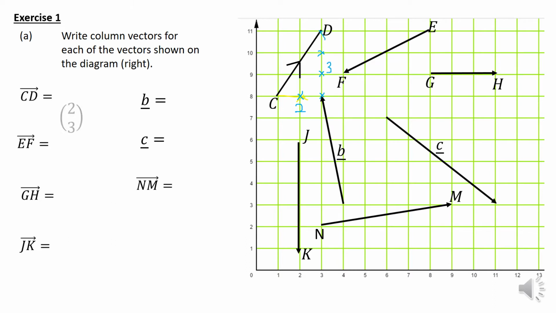So the vector therefore is (2, 3). Please do not write them as fractions. They are not fractions.